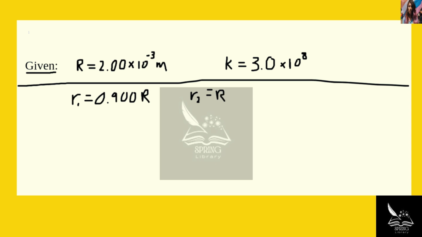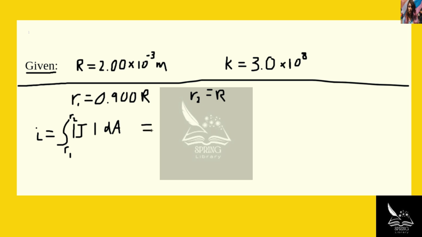Okay, so to find the current through the outer section, we're going to need to integrate the expression J dA from r1 to r2.